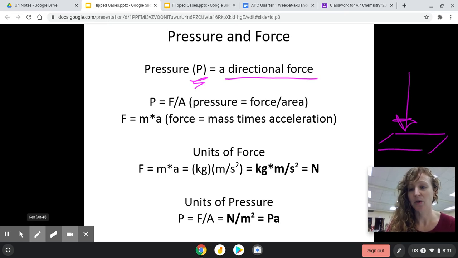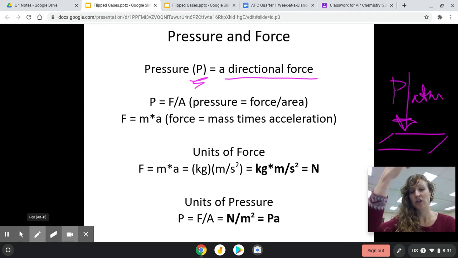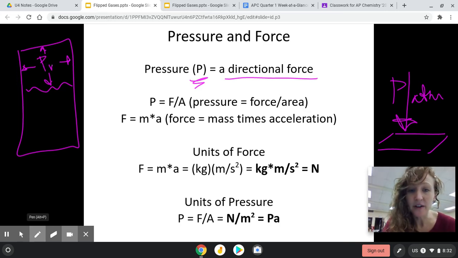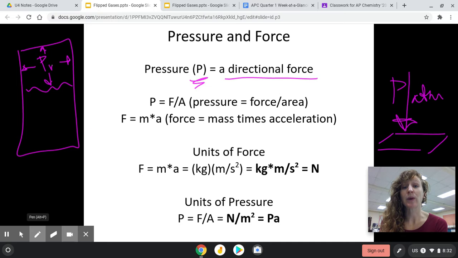Atmospheric pressure is going to be in the direction that gravity pulls. Vapor pressure is going to be on the sides and surface of a container. So pressure is going to be a directional force.